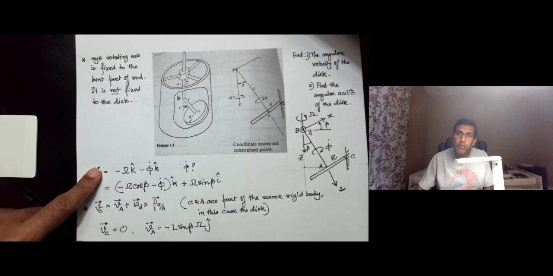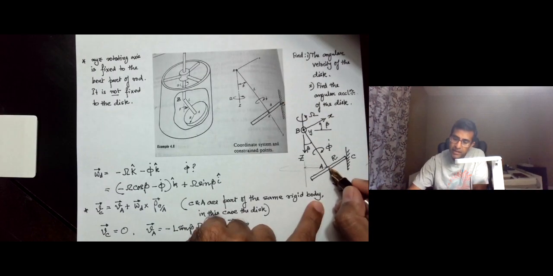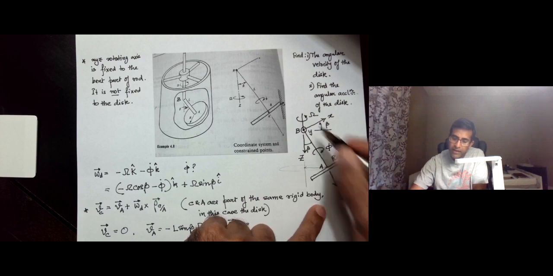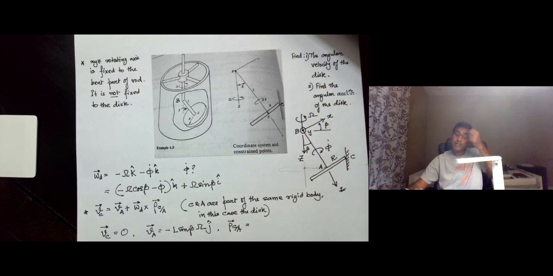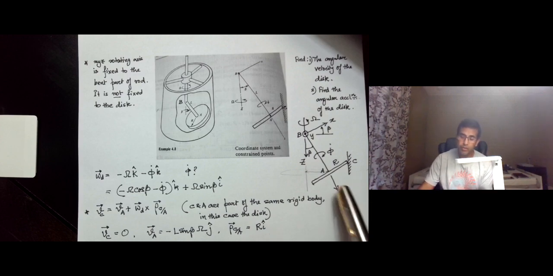Also, we note that rho c with respect to A is this vector, which has a length of r and is in the direction of I. So it is r I. Note that this is one place where we make use of the definition of the rotating frame.